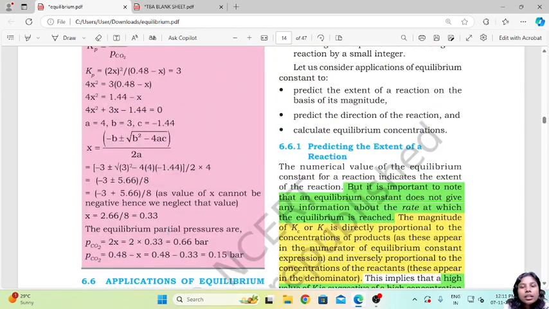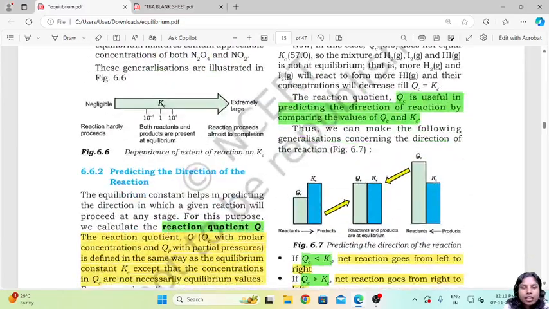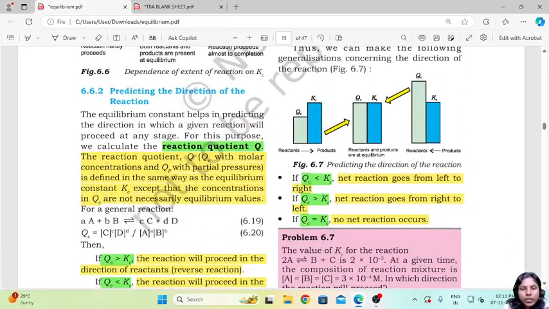Now we discuss the prediction of the direction of the reaction, in which direction the reaction is going to proceed. The equilibrium constant helps in predicting the direction in which a given reaction will proceed at any stage.